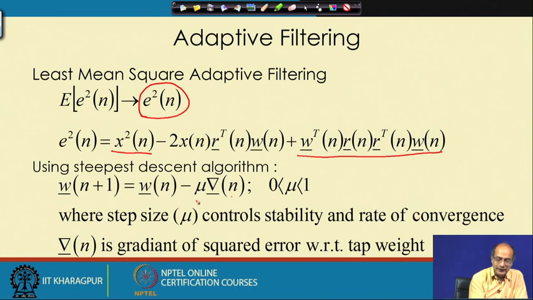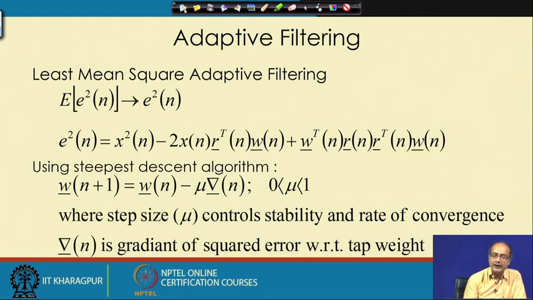Here mu is the step size, which controls the stability and the rate at which it will converge to the optimal value, and delta n is the gradient of the squared error with respect to the tap weight, because the tap weight is the only thing in our hand that we can modify to get a better estimate of the noise.